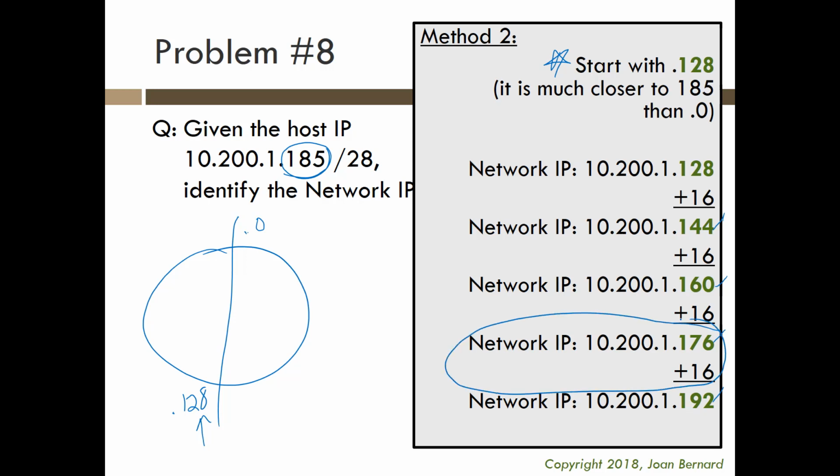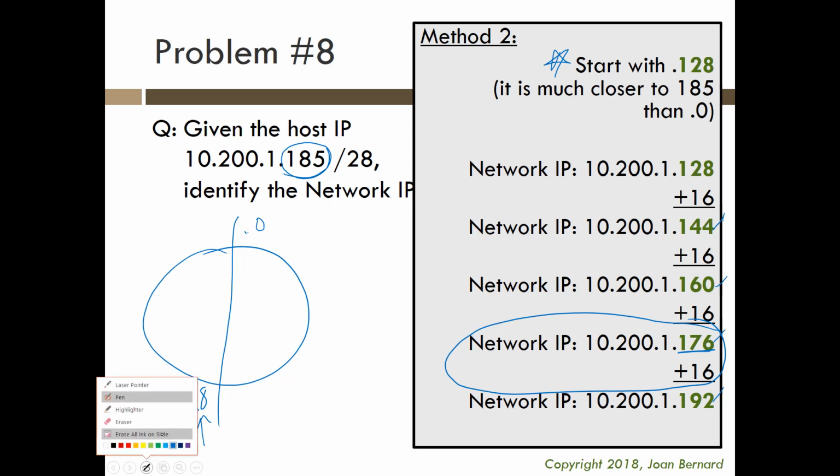So it's going to fit right in here, where the network IP would be 176. I could do the same thing as method 1, but just start further into our subnetting wheel so I don't have to do so much math. So that's another method: just starting at a closer point to what you're looking for.